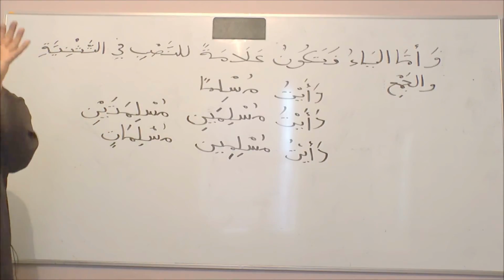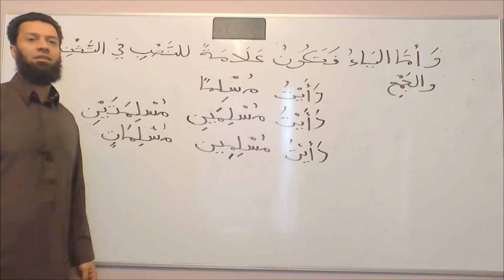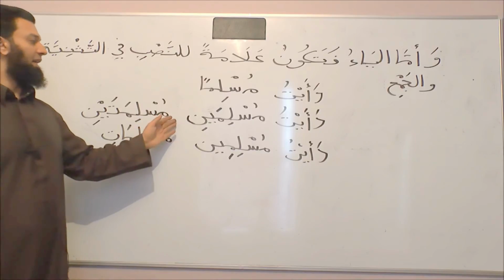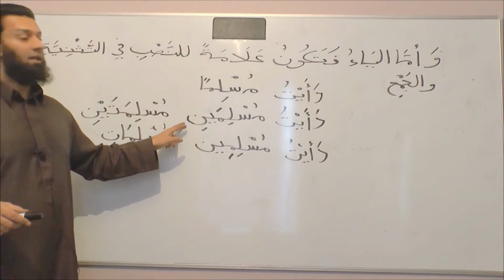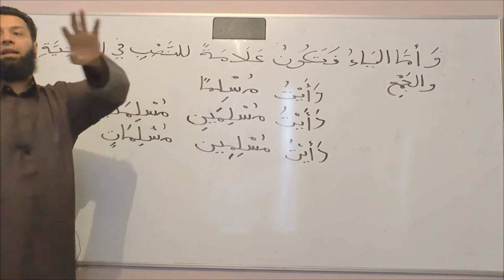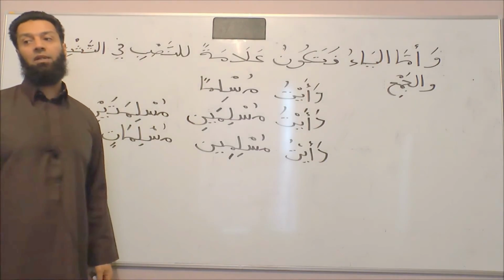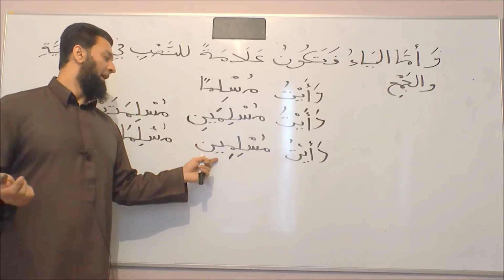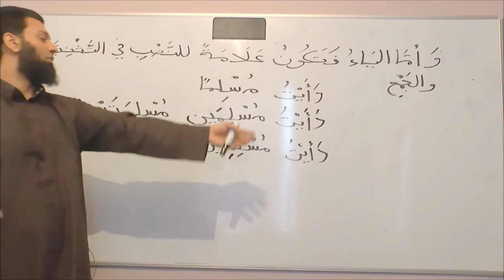Just try and remember an example that you know is correct and apply it to all the others. Okay? So we have رأيت مسلمين. I saw the two Muslims. Because that al-fatha there before al-ya' indicates the dual; well, it's not the indicator, but that's how you would pronounce it and write it. The indicator, of course, is al-ya'. But here the indicator is al-ya' too, because it's al-jam'.